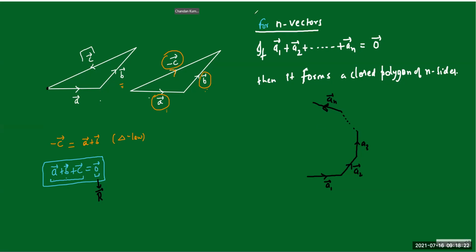Sir, if there are an infinite number of vectors, and if it is closed, then it is a circle, right? If it is an infinite number of vectors, then why should it be a circle? Sir, if they are evenly arranged, they are regular polygons, and if there are n, then what you're saying is correct.